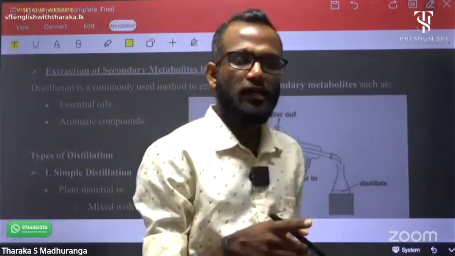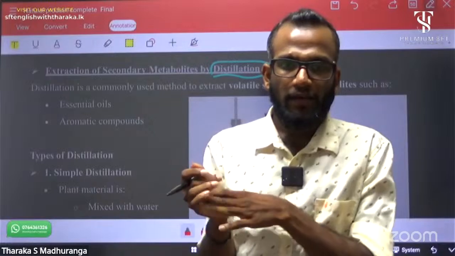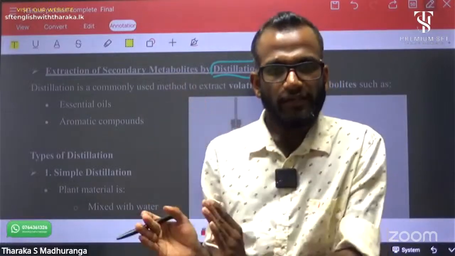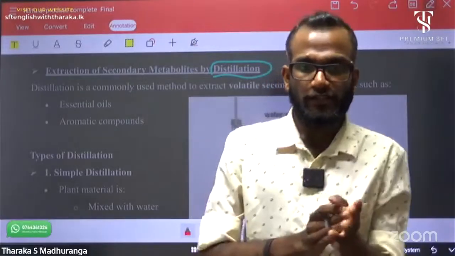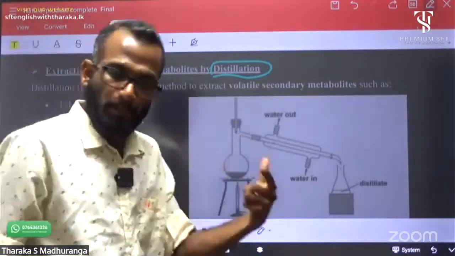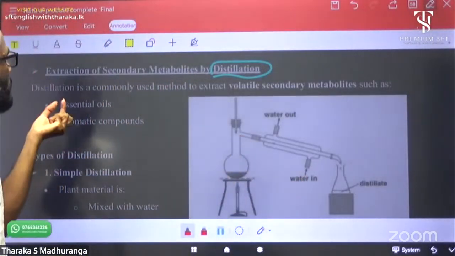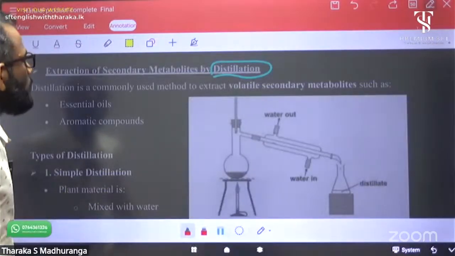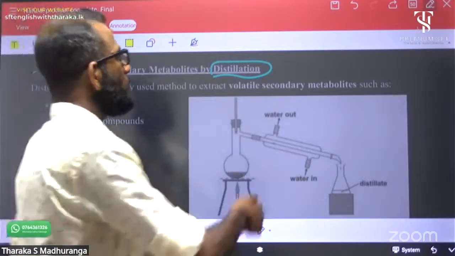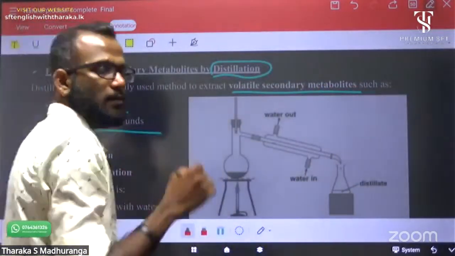I told you we have three distillation methods. What are they? Simple distillation, steam distillation, and fractional distillation. Distillation methods are very simple. First, simple distillation. Distillation is commonly used for extracting volatile secondary metabolites such as essential oils and aromatic compounds.